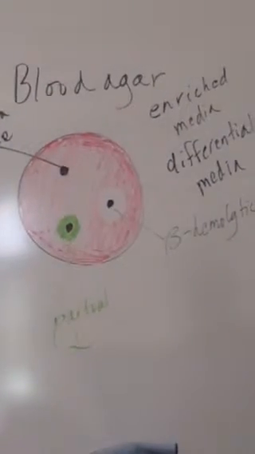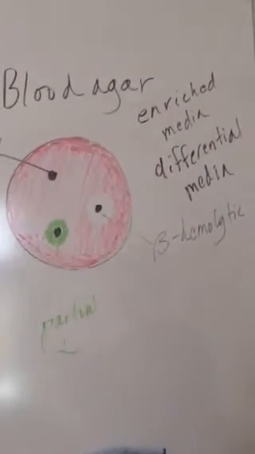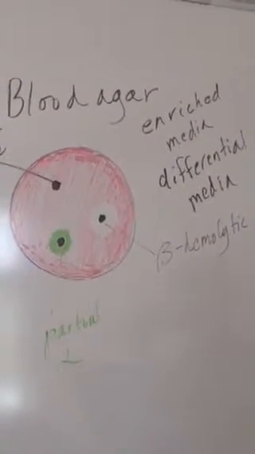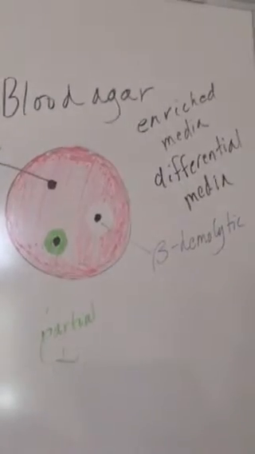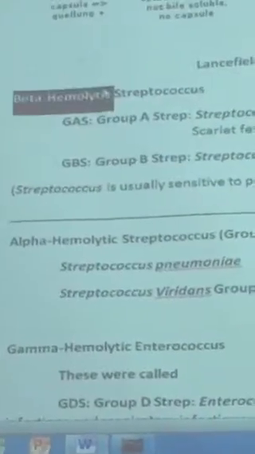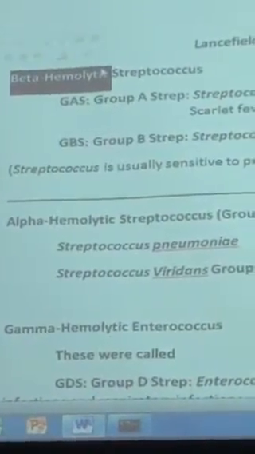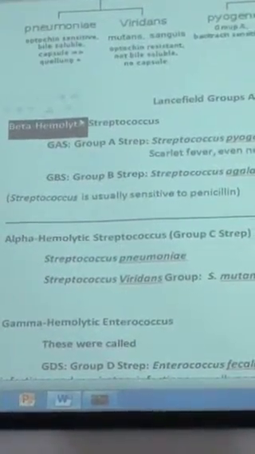Most pathogenic. The hardest thing for people to remember, because it's confusing as hell, is that both group A streptococcus and group B streptococcus are beta hemolytic. Because you're thinking B for beta, wouldn't that be group B strep? Yeah, but it's also group A strep.